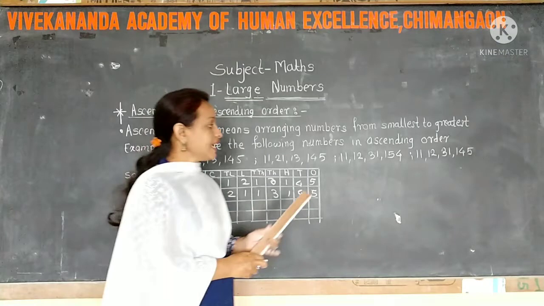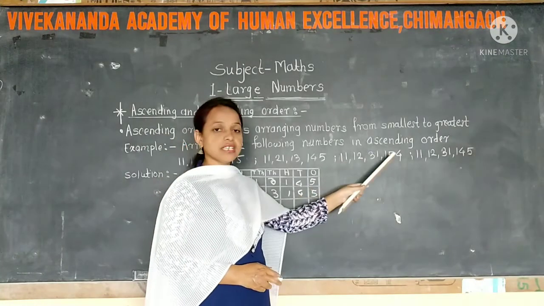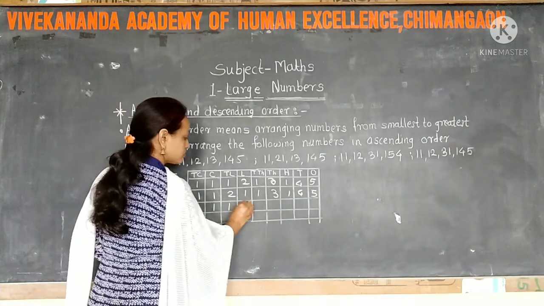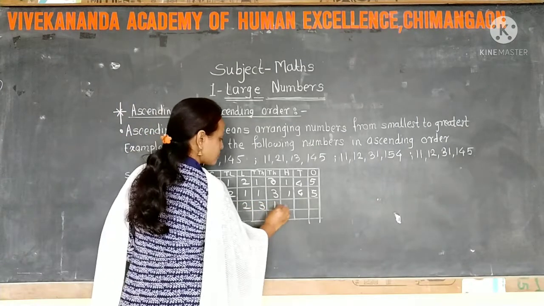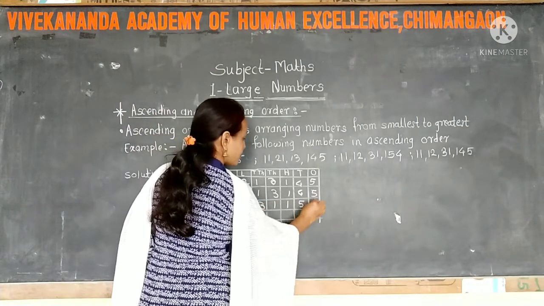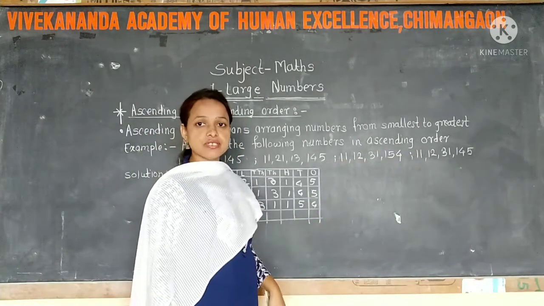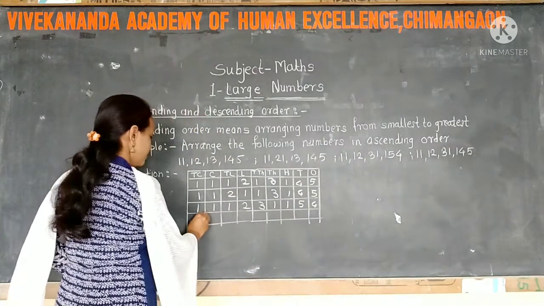Third number, 11 crore 12 lakh 31,154. And fourth number, 11 crore 12 lakh 31,145.